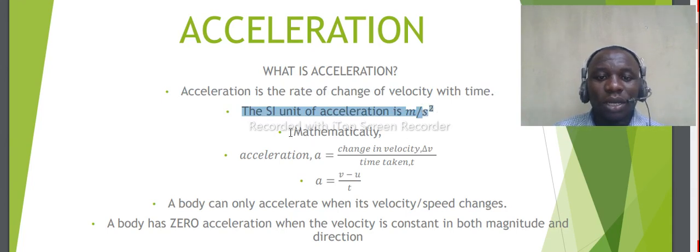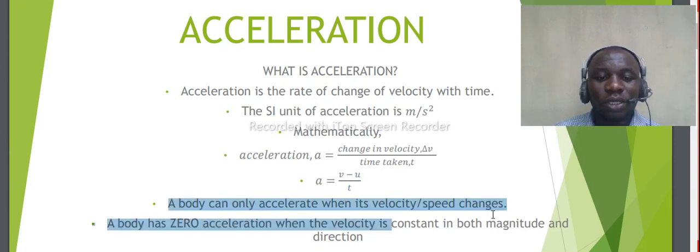Then mathematically we say acceleration is change in velocity over time. So if there's a change in velocity, which means there will be an initial velocity and there will be a final velocity. So v here is representing the final velocity, u is representing the initial velocity, over time. So we say acceleration is v minus u over t.